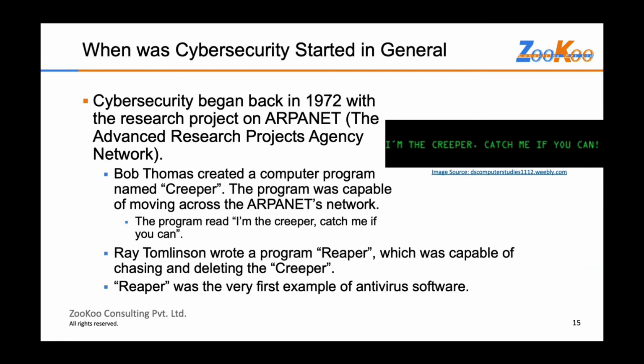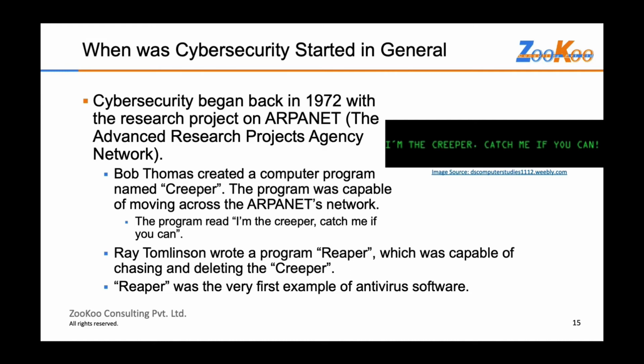When did cybersecurity start? Cybersecurity began in 1972 with a research project on ARPANET. Mr. Bob Thomas created a computer program named Creeper, and the program was capable of moving across ARPANET's network. Actually, at that time there was no internet.